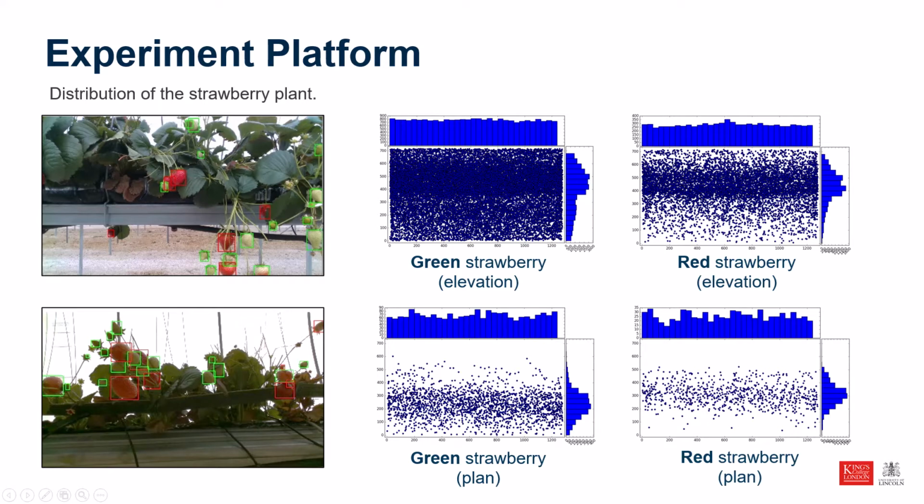The arrangement of fruit in three dimensions is simulated from the distribution of strawberries in elevation and plan views respectively. Here's an example on the left, two images from the data set.